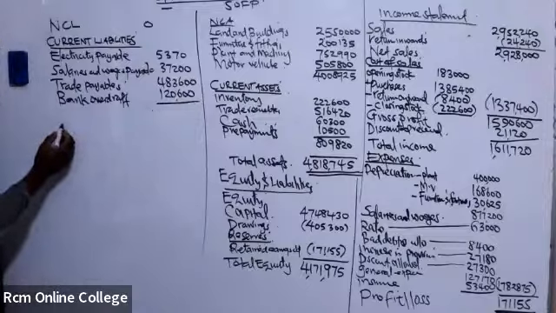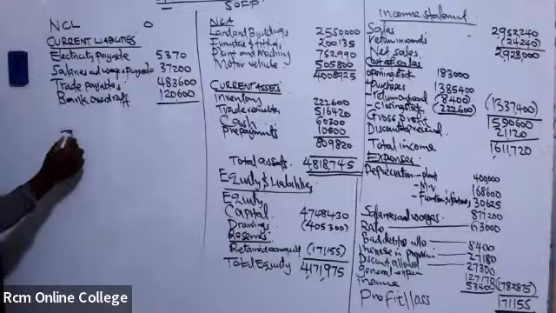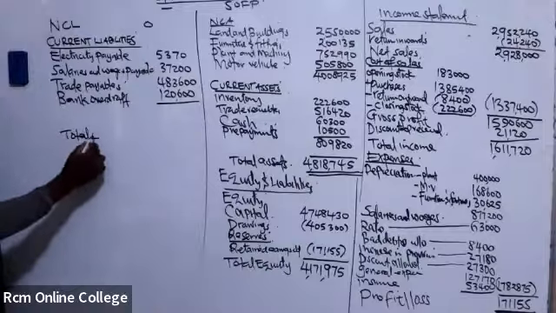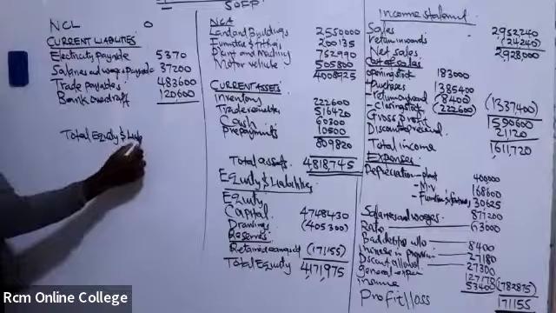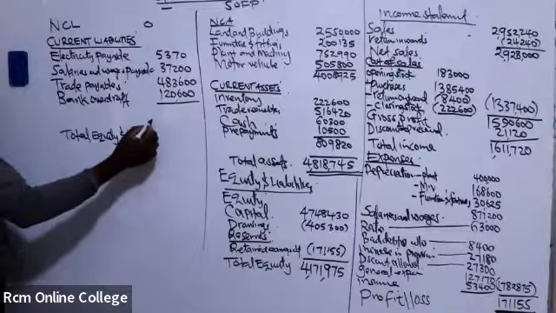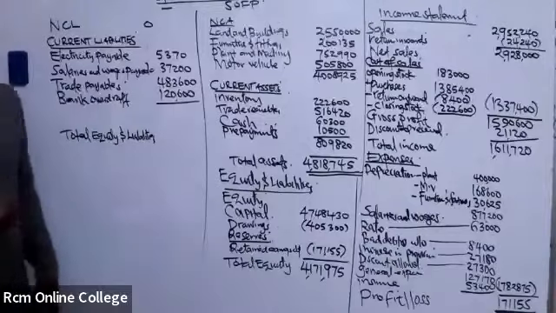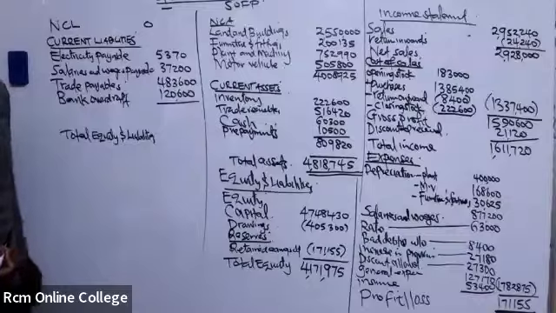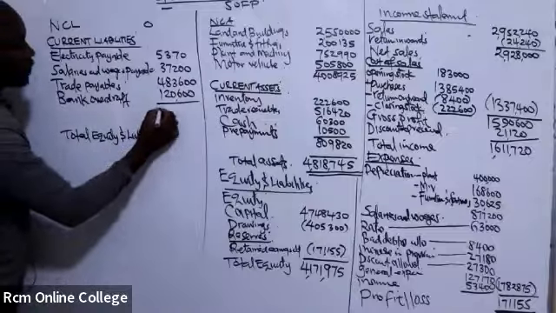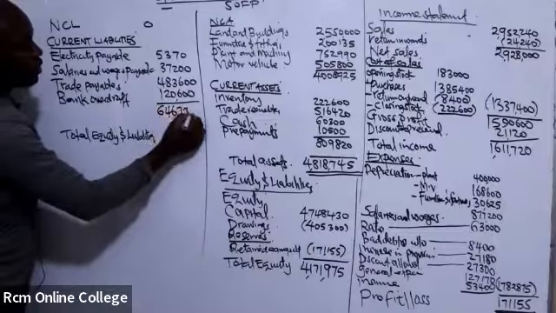Then we get now total equity and liabilities. Total current liabilities: 646,770.